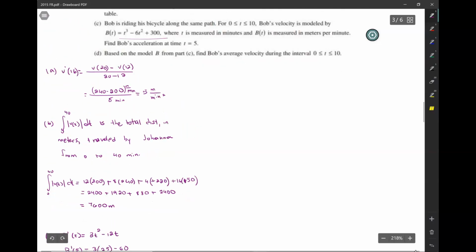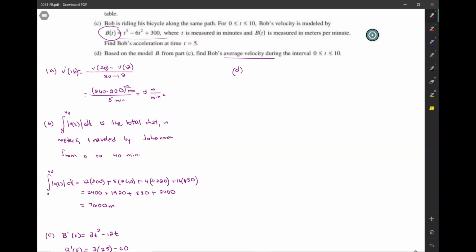Okay, D. Based on the model B from part C, find Bob's average velocity during the interval. So this is the velocity. You want the average velocity. Average value is 1 over b minus a, integral a to b.